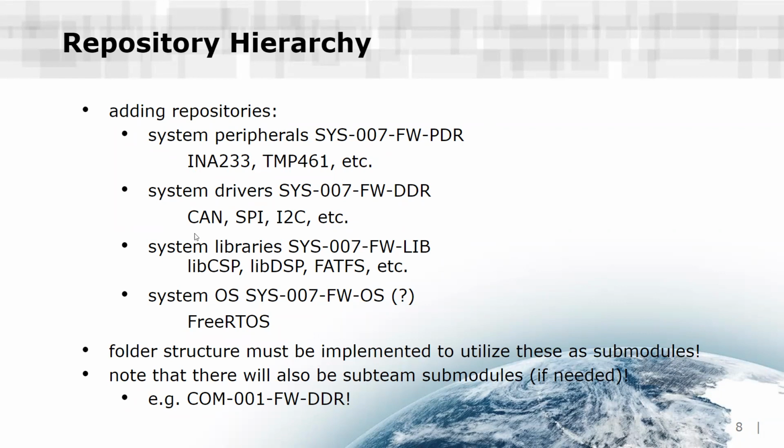Possibly the common ones for our device drivers, so CAN, SPI, I2C. If we all use a similar structure, we can store that all in one repository, along with additional libraries such as libcsp, DSP, FATFS, any external libraries that we are just importing and using as is. We can probably all share those within one repository.